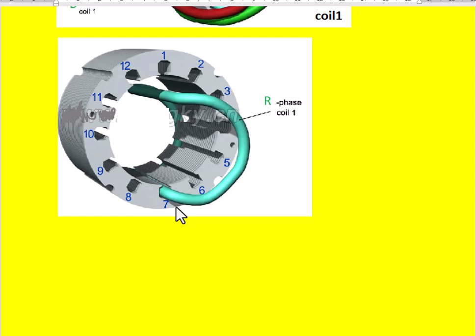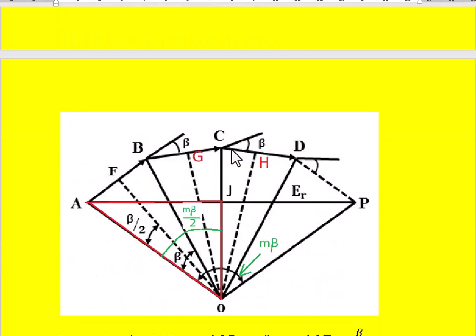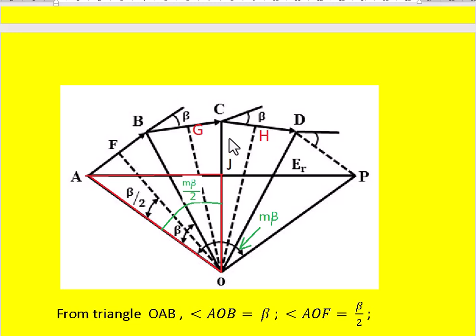The angle between this and this is 180 degrees, so it is called the full pitched winding placed in the stator of the alternator.